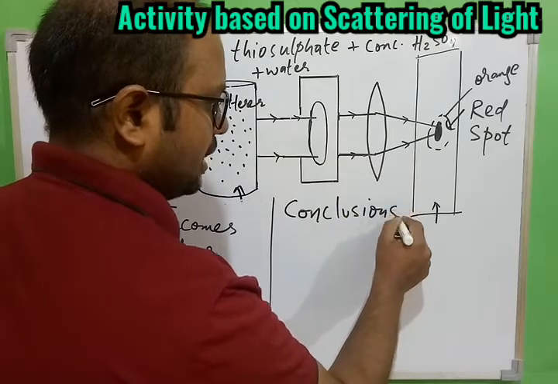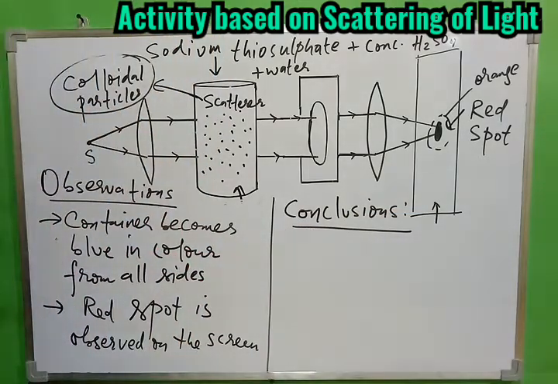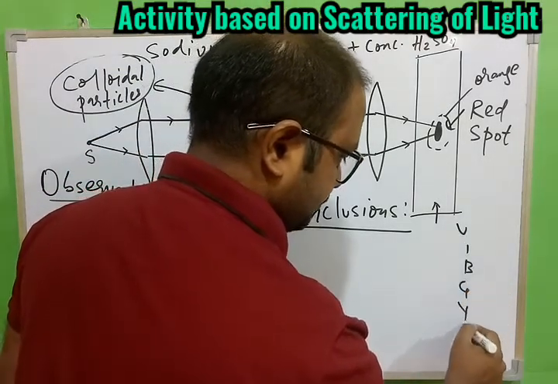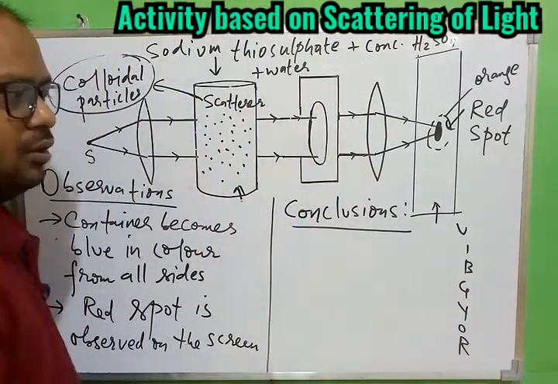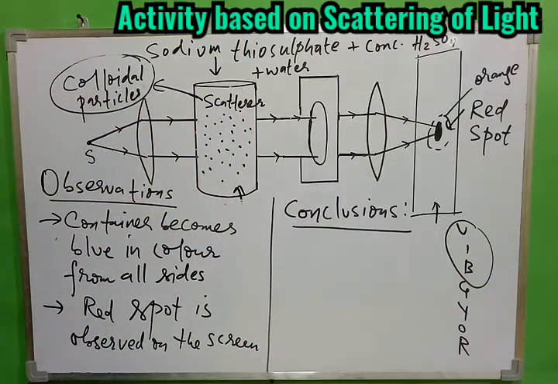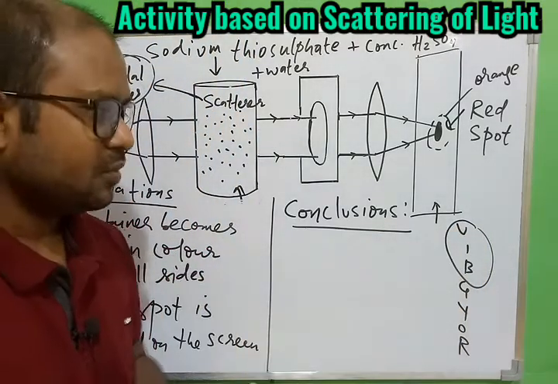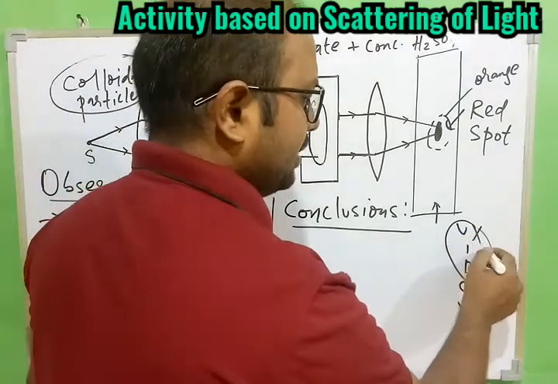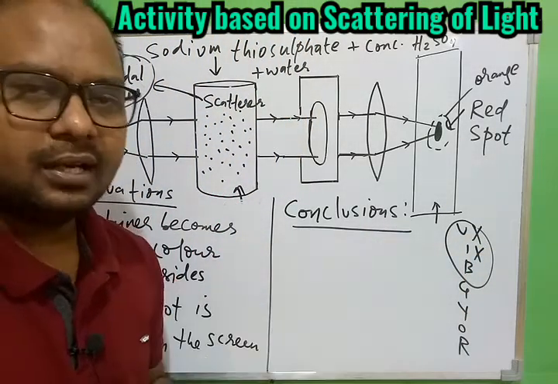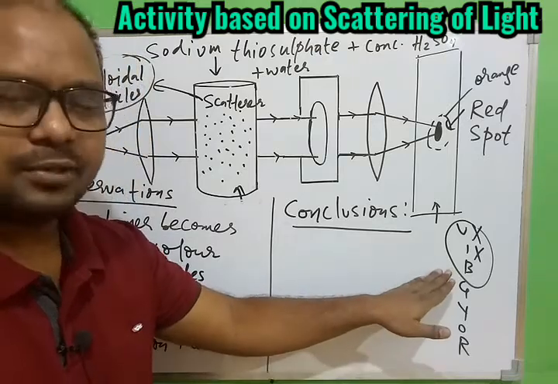we have already understood the scattering of light. So one thing we know, if we talk again about the spectrum colors, we know violet, indigo and blue colors have very small wavelengths, so these colors will be scattered. And we know violet and indigo we are not able to see, because our eyes are not so sensitive to violet and indigo color. So the next color we are able to see after indigo is blue.